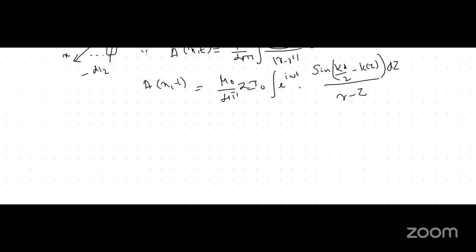Here we'll solve this A of xt value. This is the vector potential.